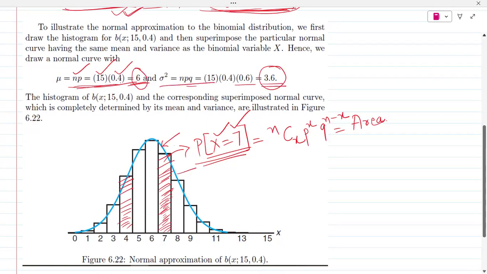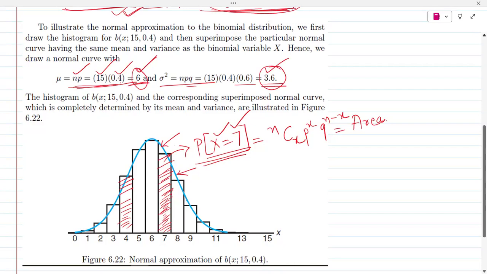This blue colored normal probability curve has been drawn by assuming the mean of this normal distribution is 6, and the variance is 3.6. Now we can draw both these graphs. How we can draw them, we will see in our activity under Microsoft Excel. So we will see this shortly in that lecture.